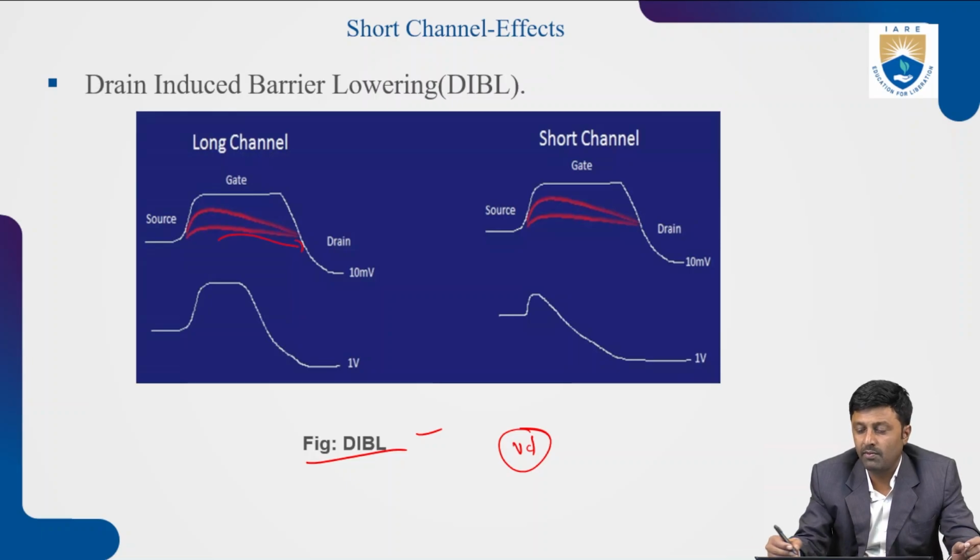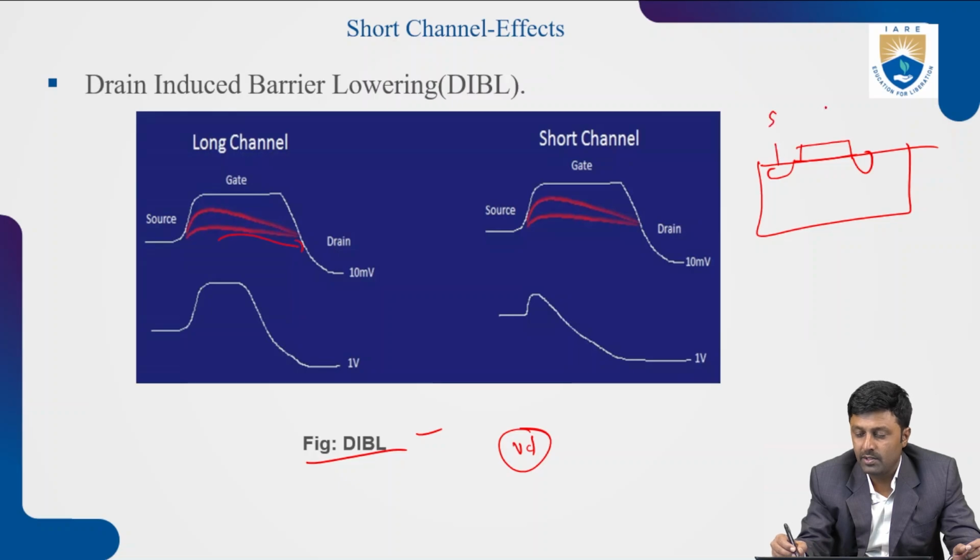So because of this, what will happen is that, this is source, this is drain, this is gate. The gate loses the control over the transistor.